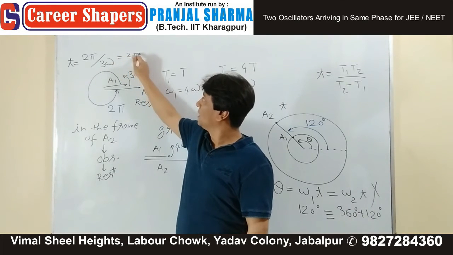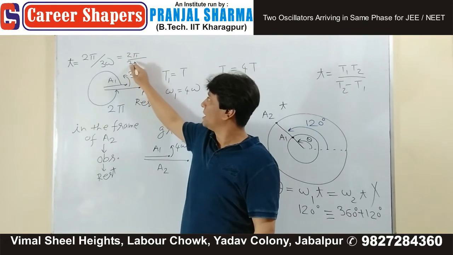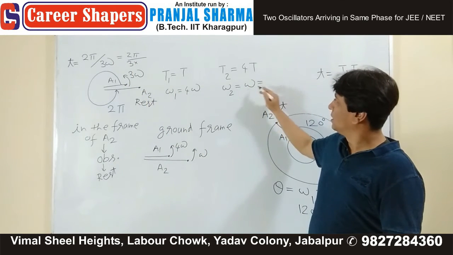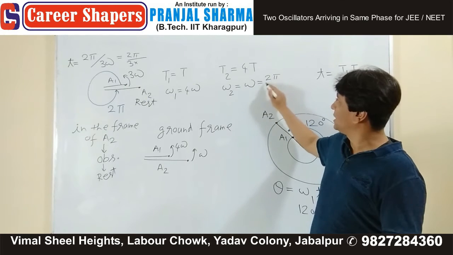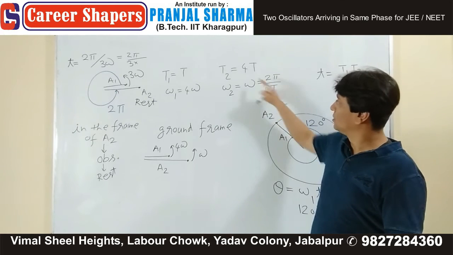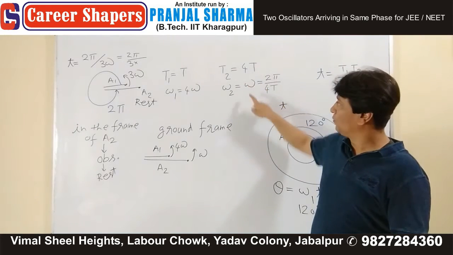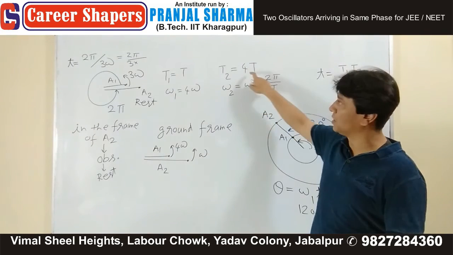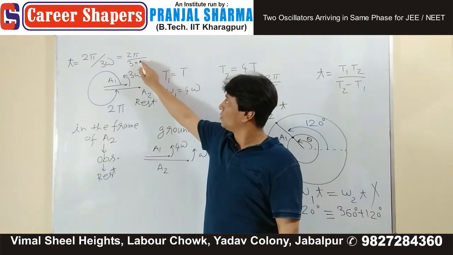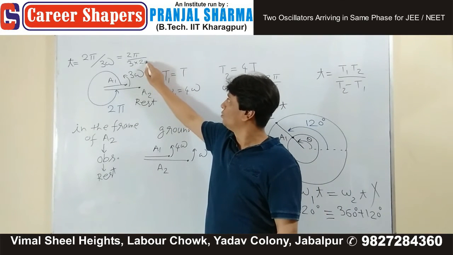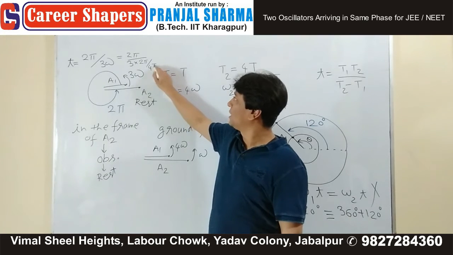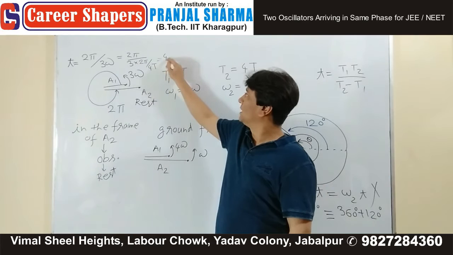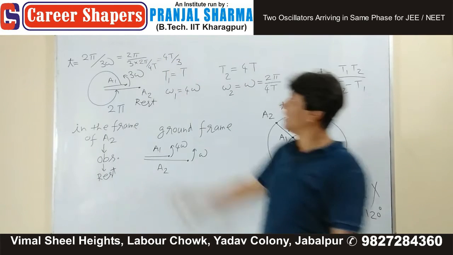Time is 2 pi upon 3 omega. What is omega? Omega is 2 pi upon time period. What is the time period? 4t. We have taken omega 2 as omega. So if I put omega as 2 pi upon 4t, the 2 pi cancel, and it comes to 4t by 3.